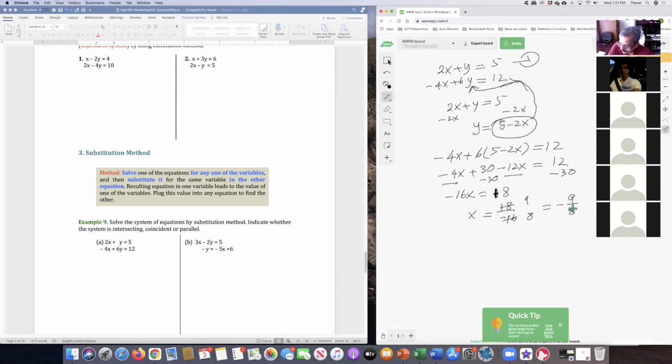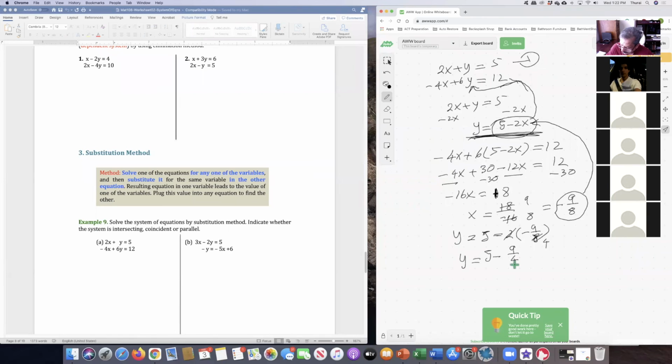So all you have to do now is plug this in for the x into either equation. In fact, it's easier to use this. We already solved one of the equations for y. I can plug in this number for the x right there. So that gives me y equal to 5 minus 2 times negative 9 over 8. 2 divides the 8 into 4. So I have y equal to 5 minus negative 9 over 4.